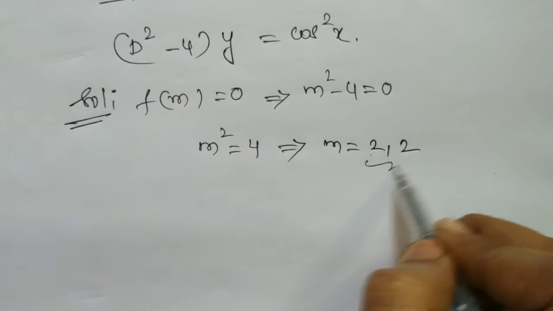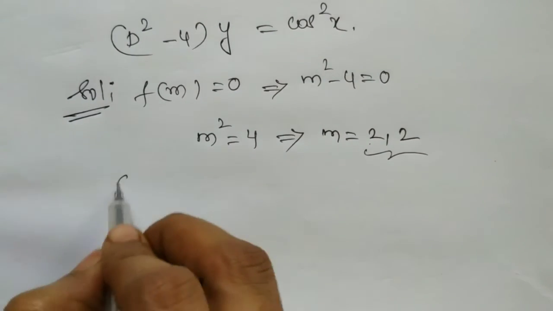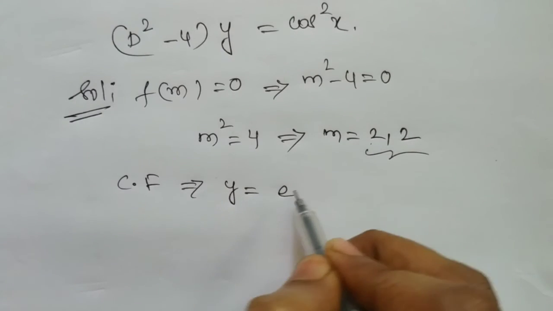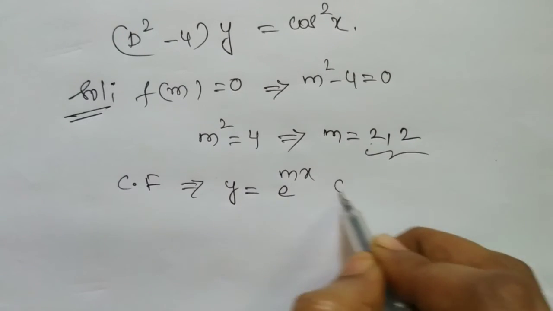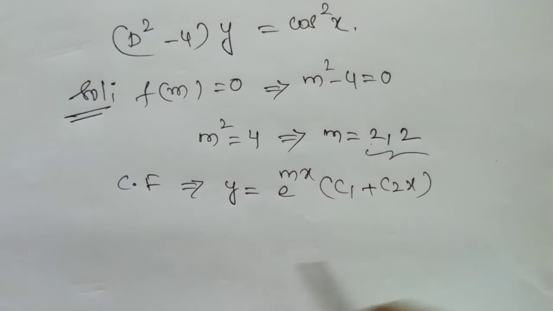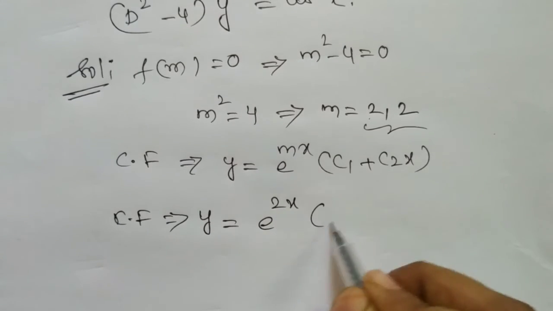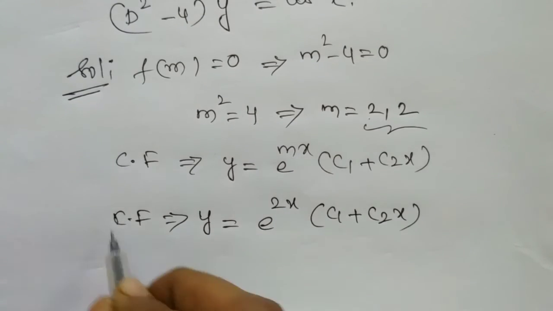So the roots are real and equal. Therefore the complementary function, y equal to e power mx into c1 plus c2 x. So y equal to e power 2x into c1 plus c2 x.